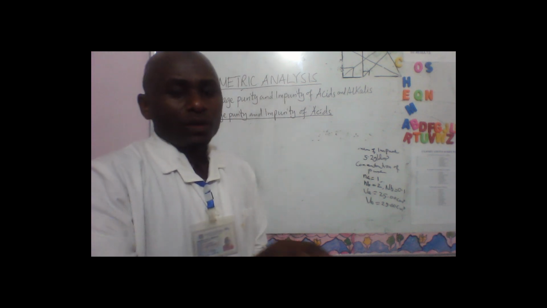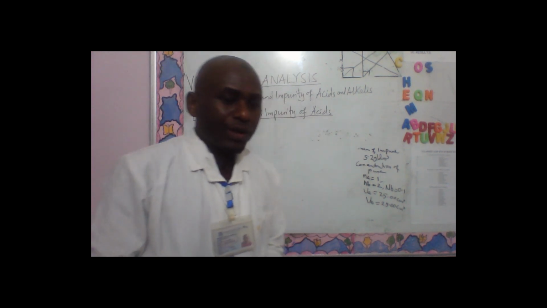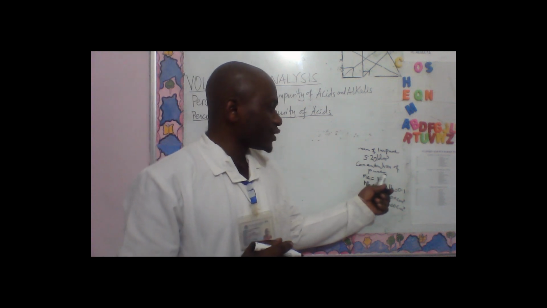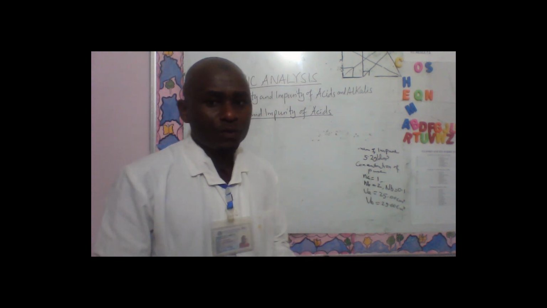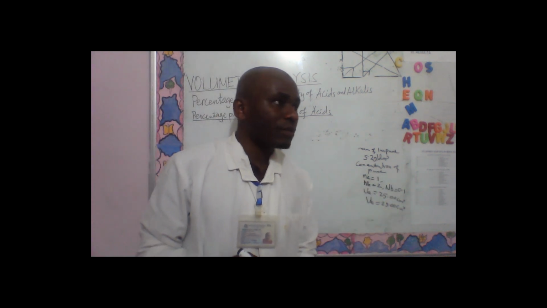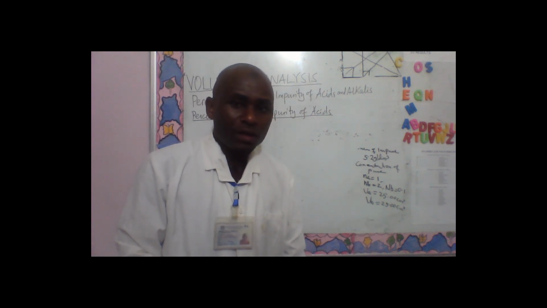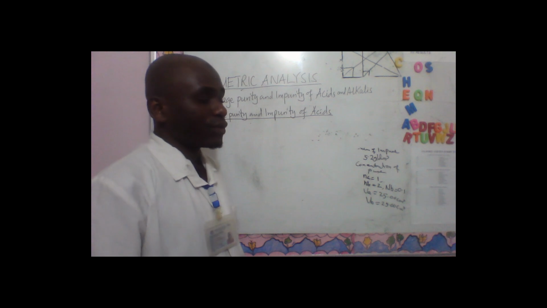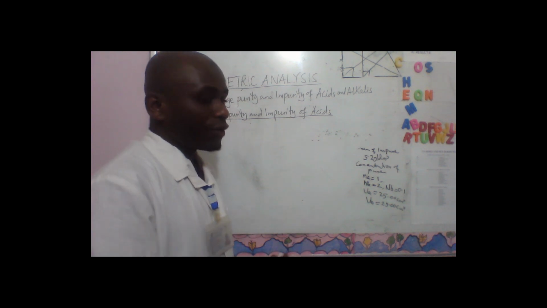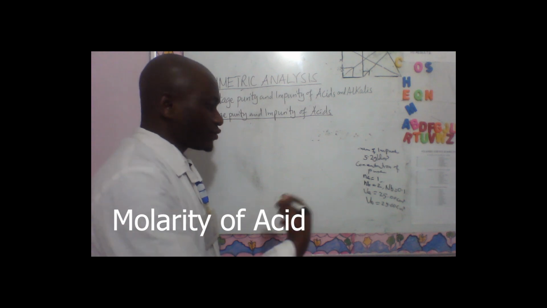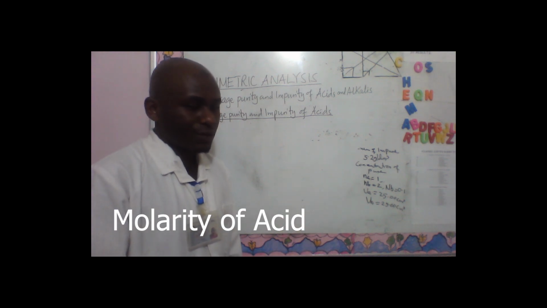What is required here? We are required to find the concentration of the pure sample. To get it, we are supposed to follow steps. First we use the mole ratio formula to get the molarity of acid, in order to proceed with the other calculations.